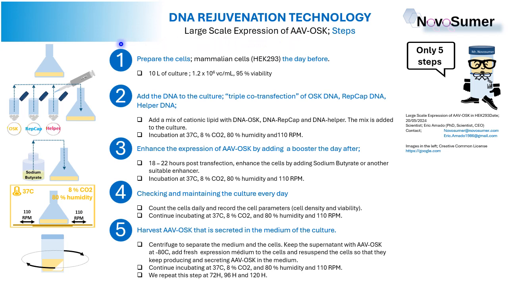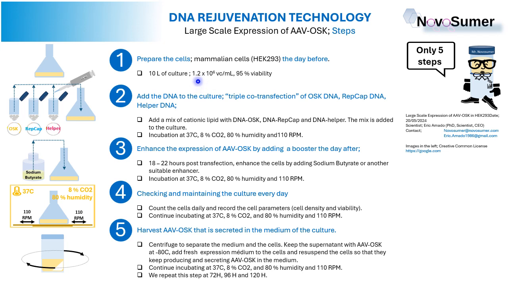And what is the first step of the process? Well, the first step is just preparing the mammalian culture. So the day before, we prepare the culture of mammalian cells that are called HEK293, and because we will need 10 liters of culture for this purpose.